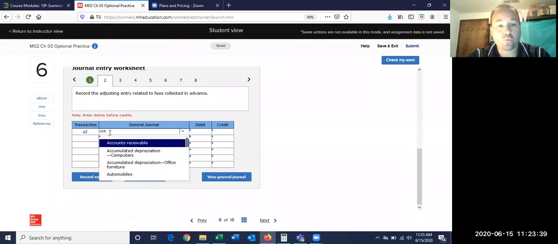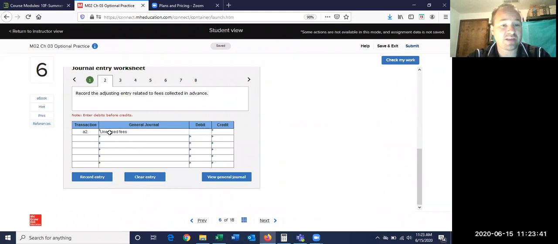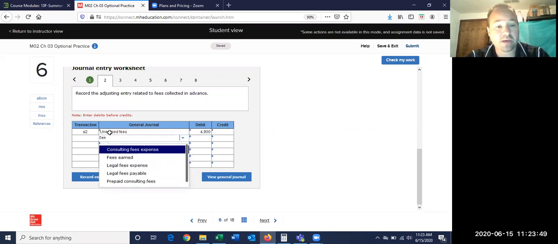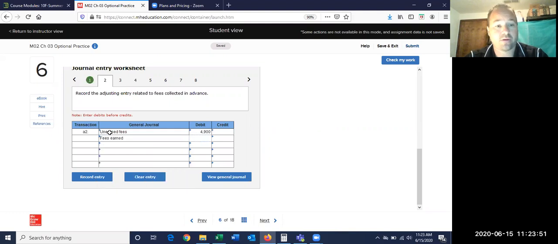So what we got was a debit to our unearned fees. We no longer owe anything. Work done, so $4,900, and we don't owe it because we actually did the work. It's not unearned anymore. It's actually earned fees. And I'm going to record that entry.